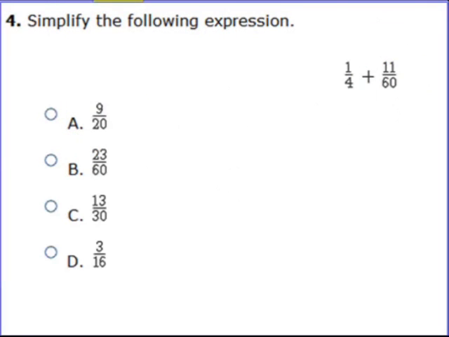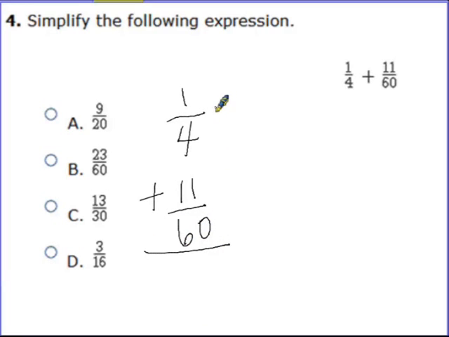Okay. Simplify the following expression, it says. And whenever we simplify fractions, or basically they want us to solve this, the first thing I do is write my fractions vertically. We don't want to leave it like it was, because then it's hard for us to find a common denominator.